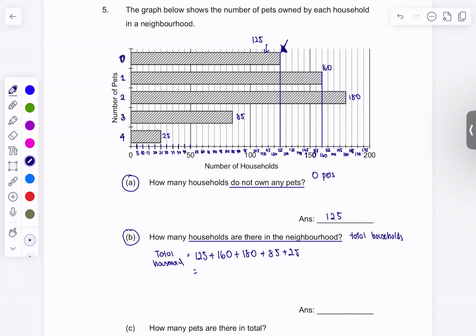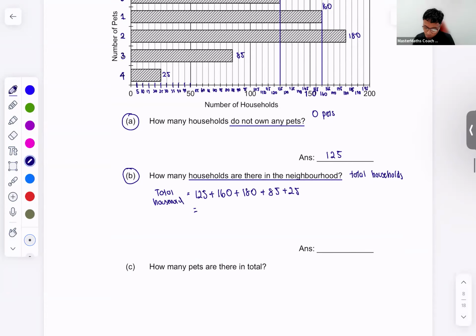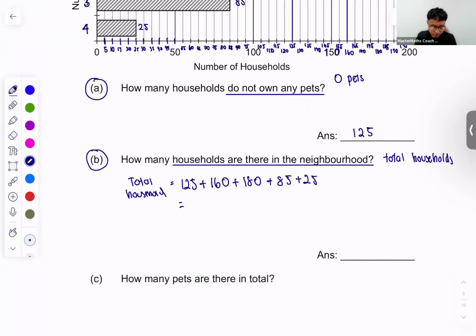The answer is 275. So your answer is 275. No, the answer is different. The answer is 575. Did you get that?